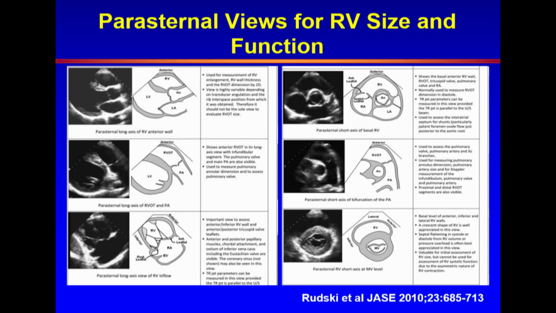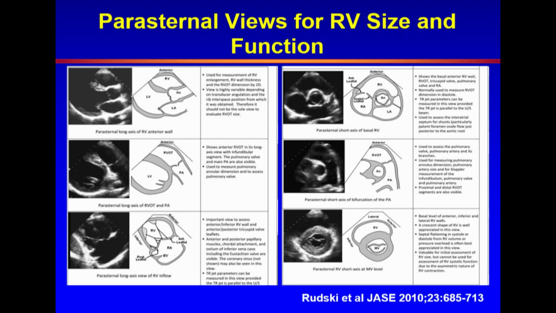So the very first view we use is the parasternal long axis view, and obviously you recognize the LV structures. The importance here is for the RV anterior wall. That's the first time we look at the RV in the course of the routine exam. And it can give you a rough estimate of what you expect the RV size to be.